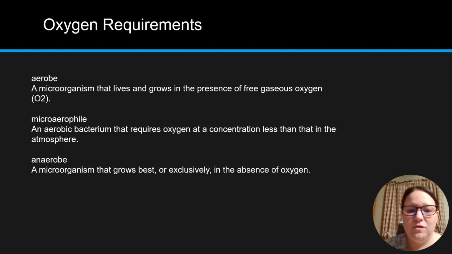We're going to talk about oxygen requirements really fast. An aerobe is a microorganism that lives and grows in the presence of free oxygen. The microaerophile is an aerobic bacterium that requires oxygen at a concentration less than that in the atmosphere. And the anaerobe is a microorganism that grows best or exclusively in the absence of oxygen.